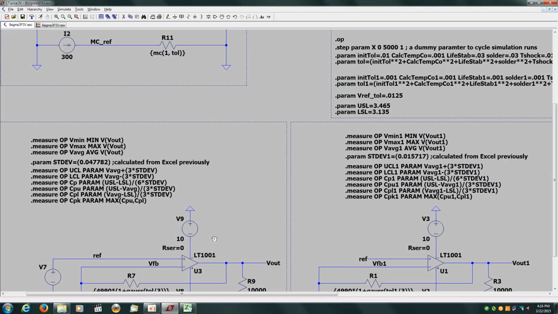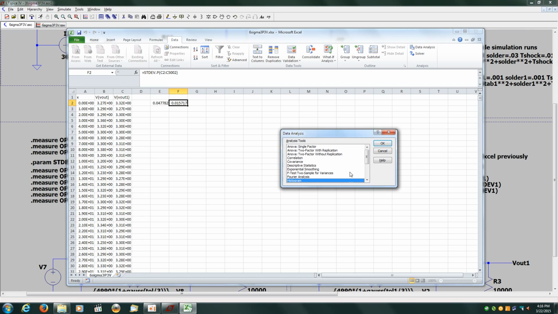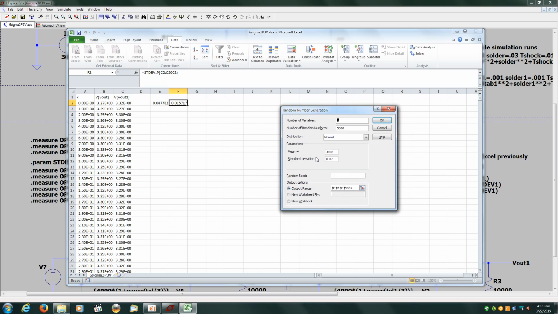Now you can use Excel to do a lot more powerful stuff that I'm not going to go through, but you can generate random numbers, and you can do a normal distribution and generate your population. If you know the transfer function, you don't need to use LTSpice, but if it's a complicated circuit and maybe you don't readily know how to do that transfer function, you can run this simulation and still get a good Six Sigma analysis out of it.